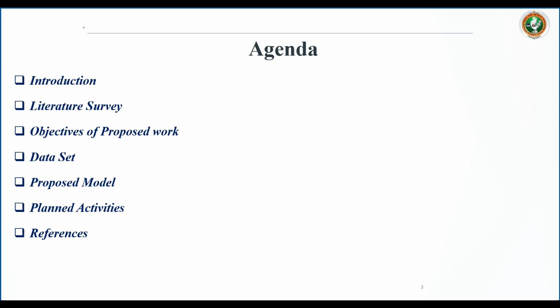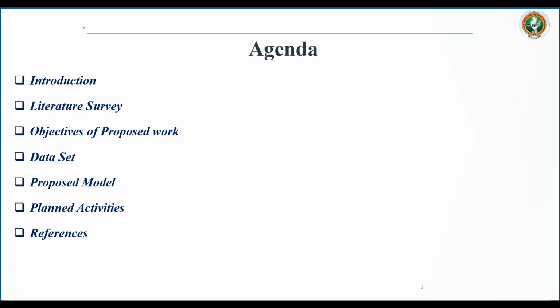Then the third slide is the agenda. Even in the agenda, at the topmost in the middle, you can mention your research topic. Whatever you do, maintain the same font size, font style, the same format throughout your PowerPoint presentation.